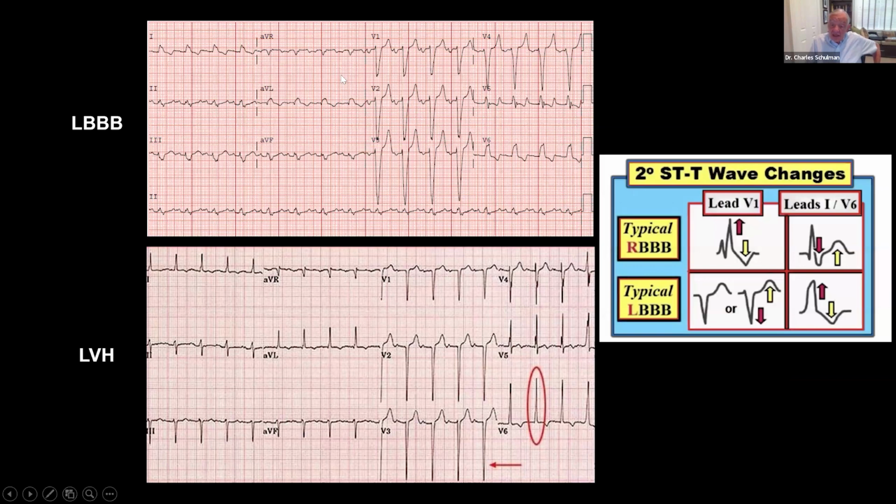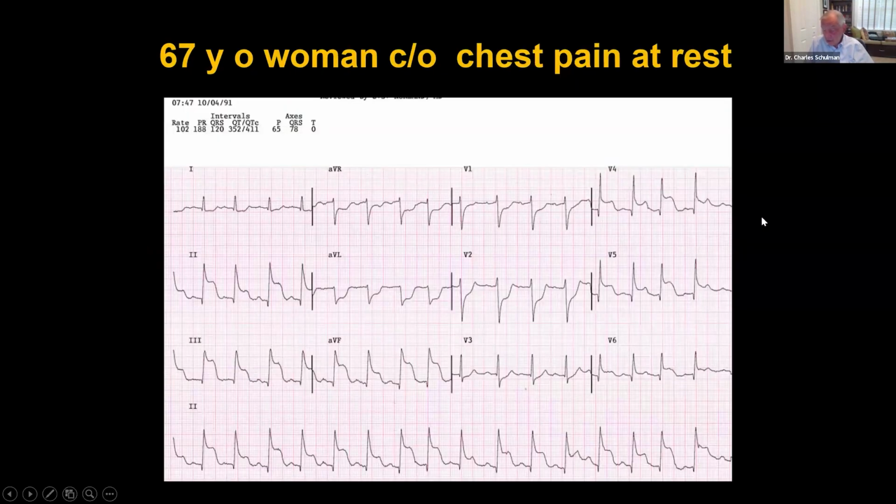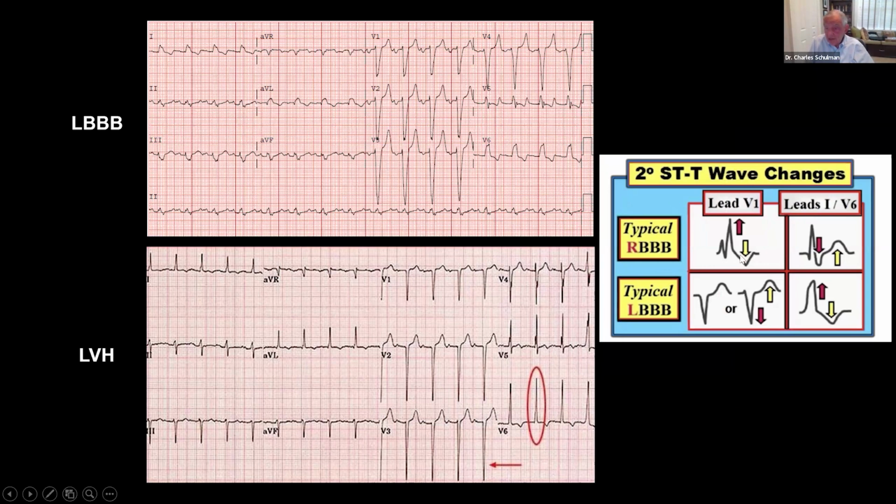Now, these are secondary STT changes. In bundle branch block, there will be ST and T wave changes in a direction opposite the major QRS abnormality. So in right bundle, where the major abnormality is positive, the RSR prime, the ST segment is depressed and the T wave inverted.